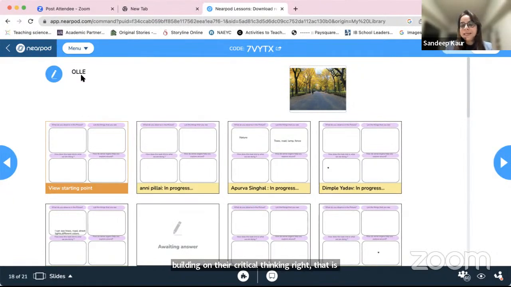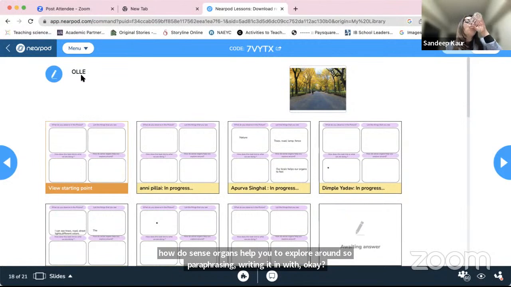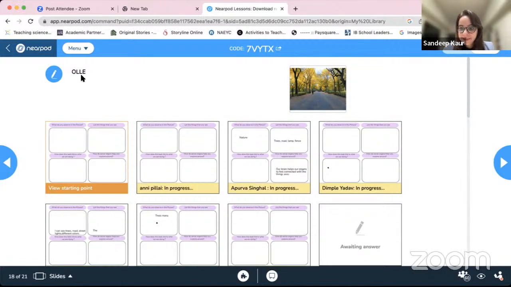And how do sense organs help you to explore around? So paraphrasing, writing it in your own words. Let's see what you come up with. Okay, I'm going to give you 10 minutes for this. Let's see.